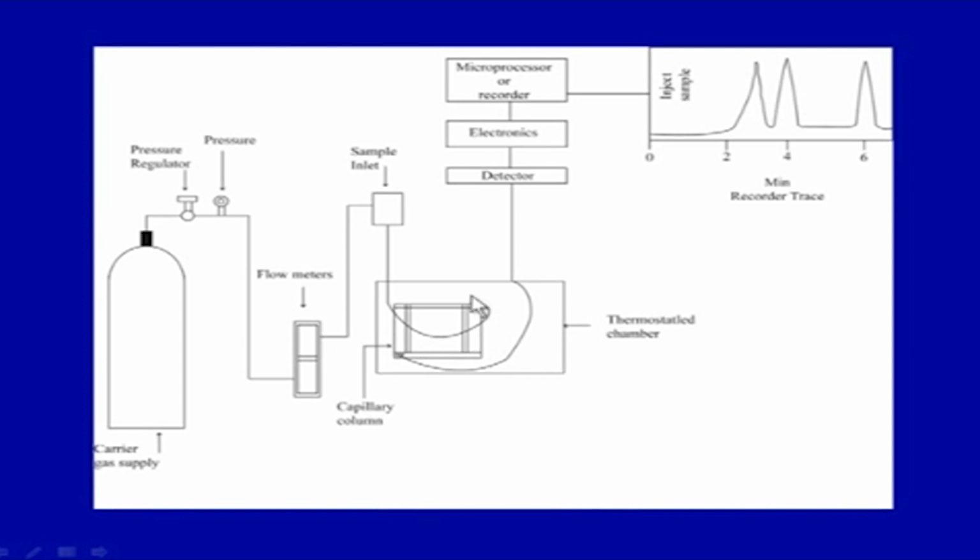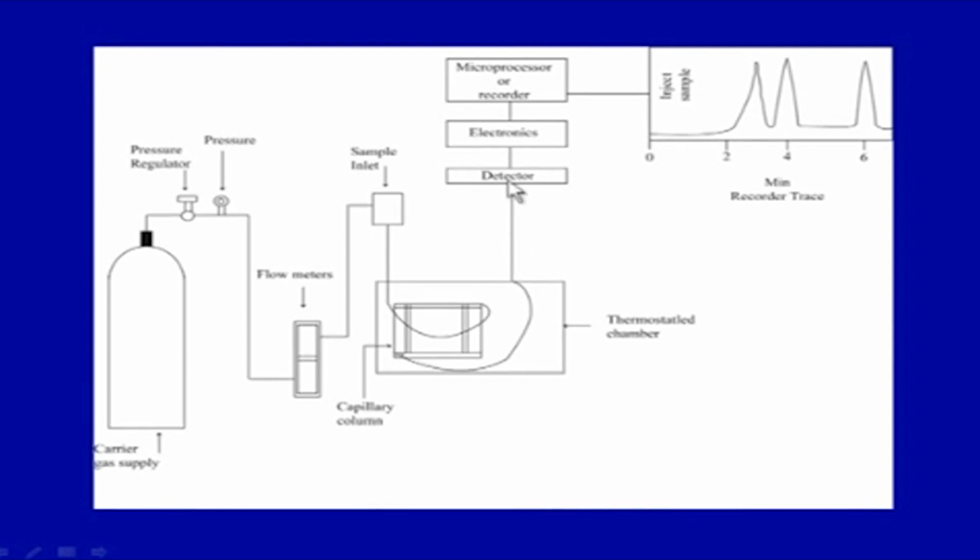Then there is a column here. It is a very long column, and since it is long, it is coiled inside the oven, which is not seen. It is a coiled long column, but very thin, with a very small diameter. They are very narrow bore columns, and this column length is required for proper separation.